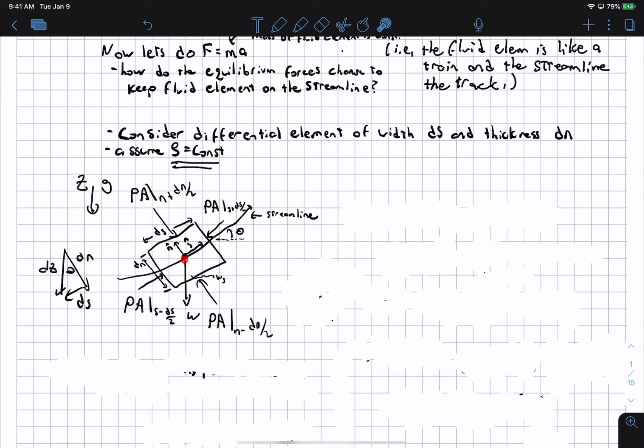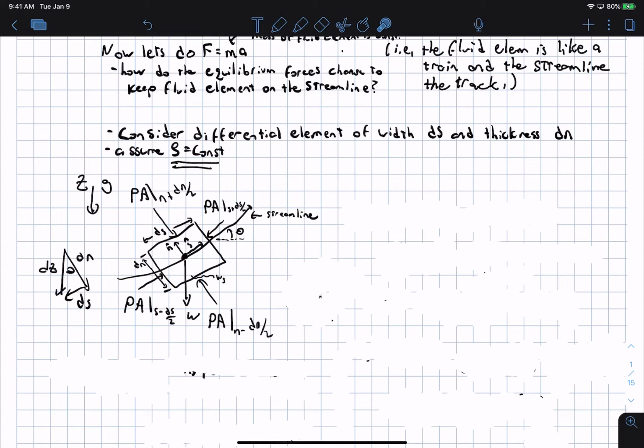In the free body diagram we have weight going straight down. And this here is a small fluid element of width ds, that's the width along the streamline direction, and the thickness is dn. The center of it is at point n and s.